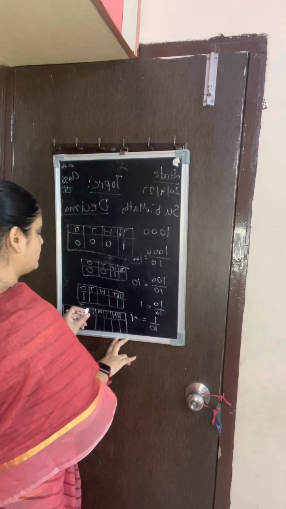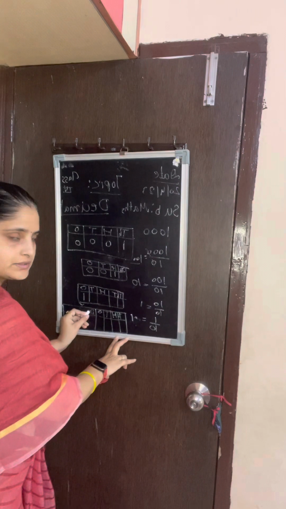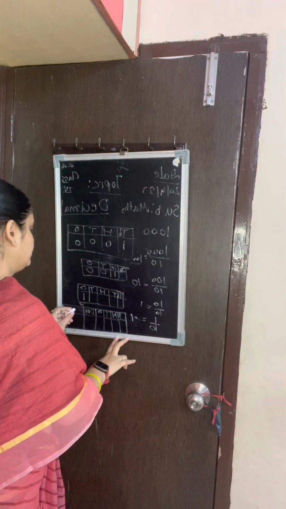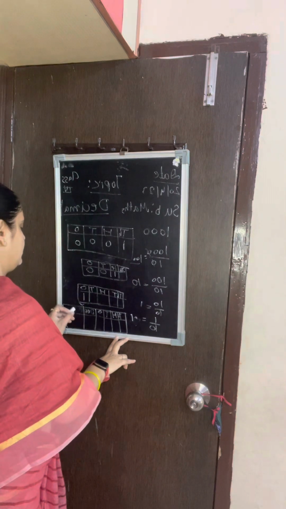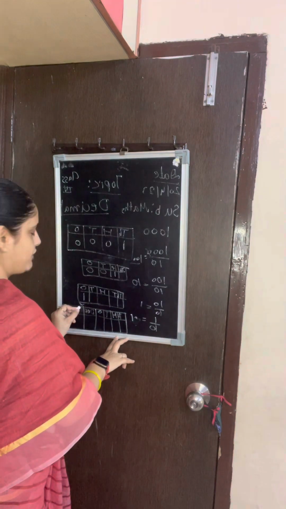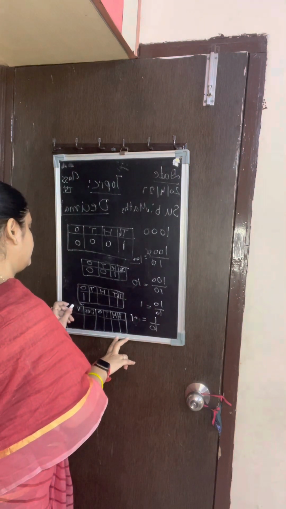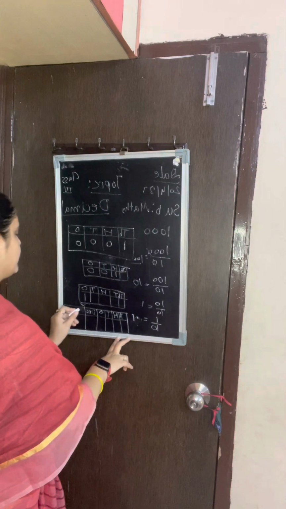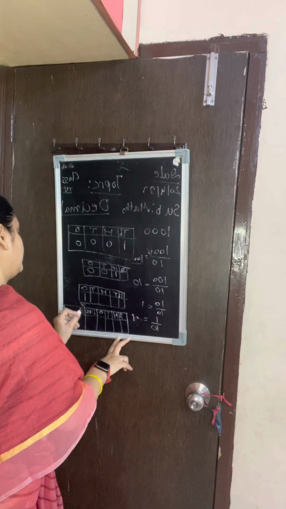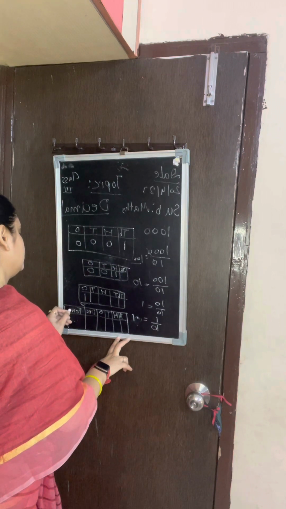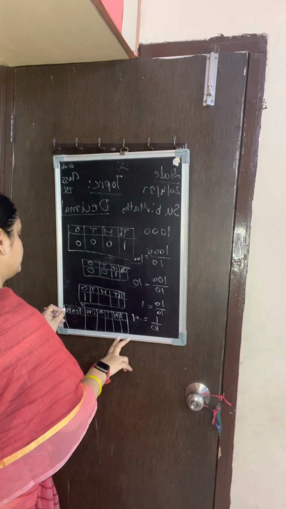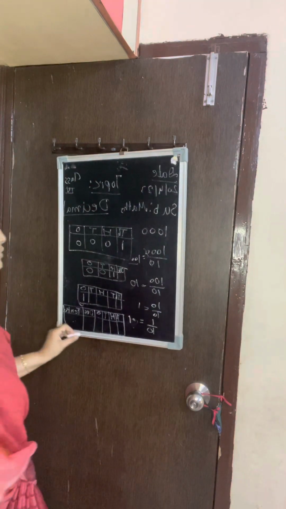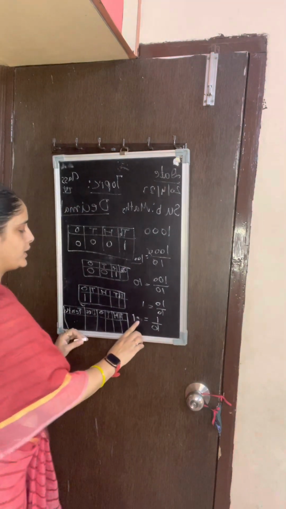I am writing in short because there is less space. After the decimal we will write the tenths place. Okay. So now let's look at 0.1.